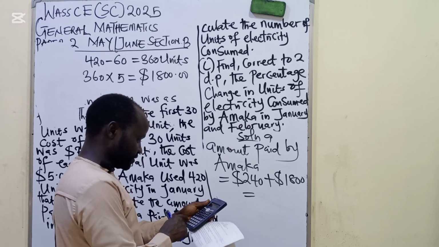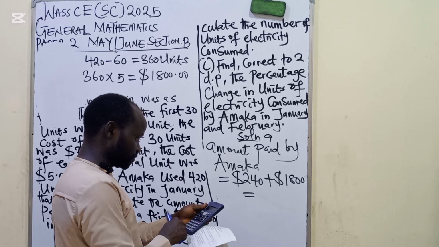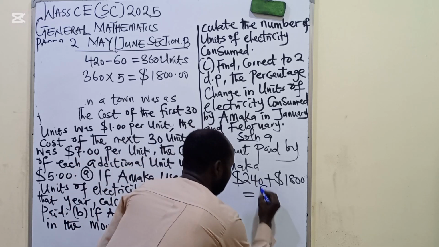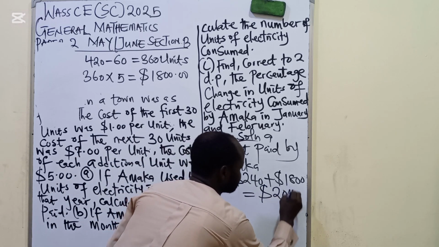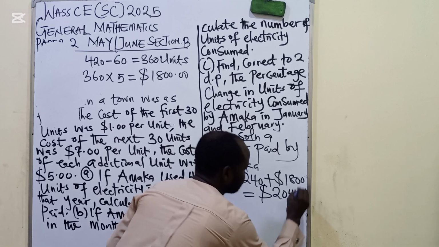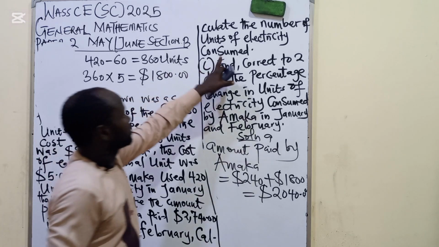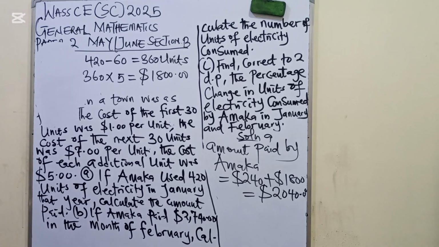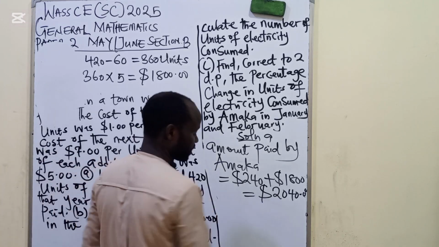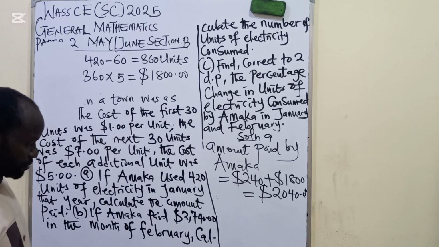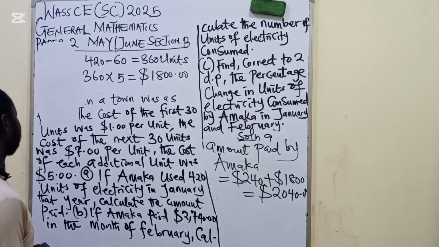We have 1,800 plus 240. That's we have $2,040. We have to put .00. So this will be the amount of money that Amaka spent on electricity consumed in January. If Amaka used 420 units of electricity in January that year, calculate the amount paid. So she paid $2,040. So this is the solution to A.